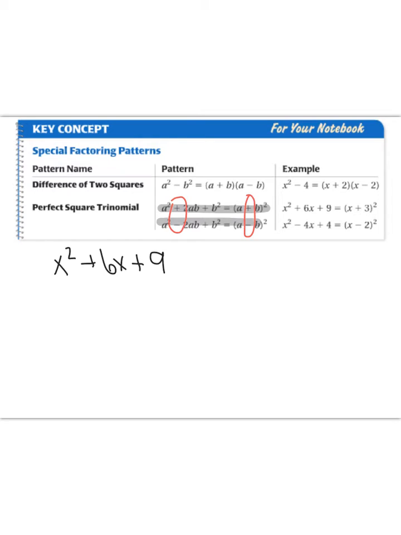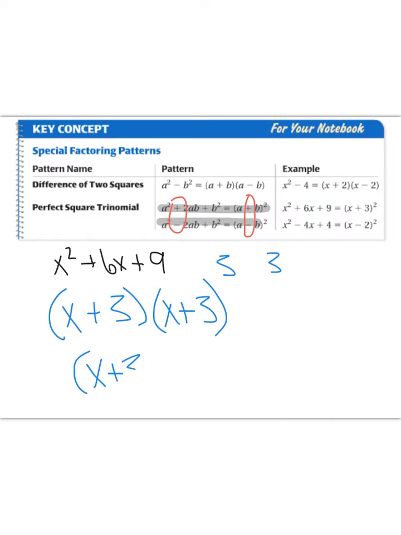So remember that we need two values that when multiplied give us 9 and when added give us 6. So that value would be 3 and 3. So when we write our binomials, we get x plus 3 and x plus 3. This can be simplified even further to x plus 3 squared.